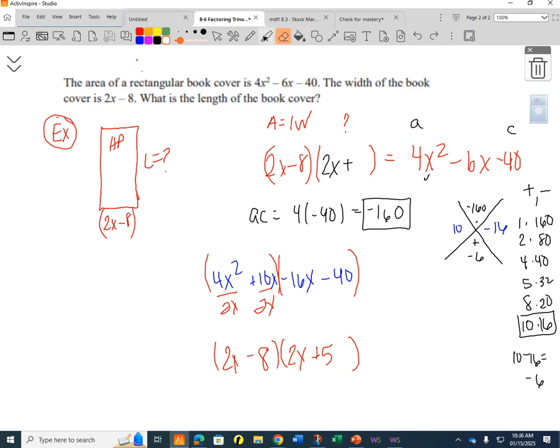Yeah, this one's plus 5. Minus 8, and this is 2x plus 5. So make sure you have the answer, because that is one of your homework problems, to have that example on there.